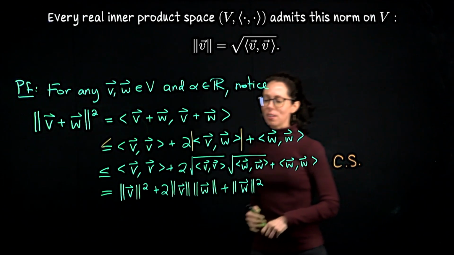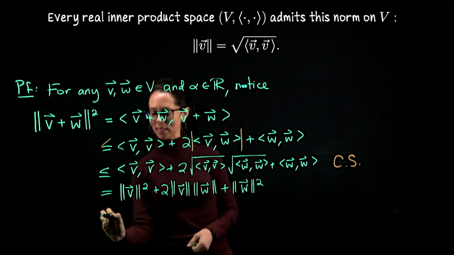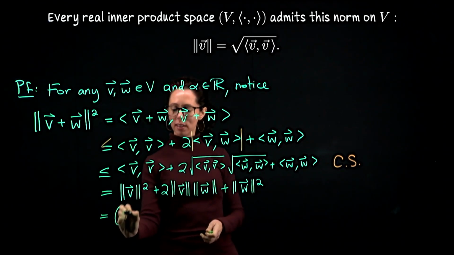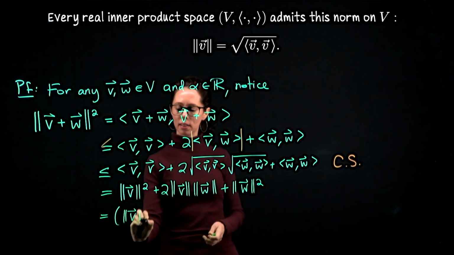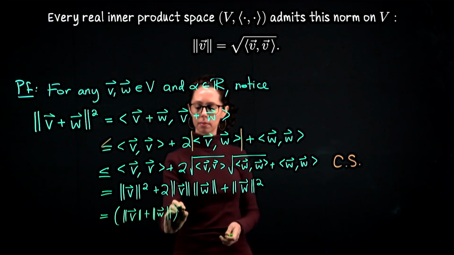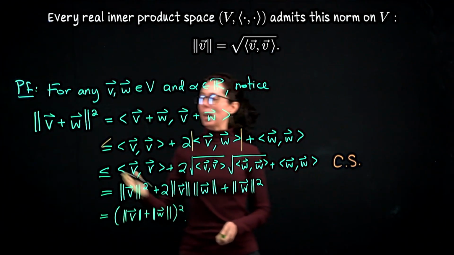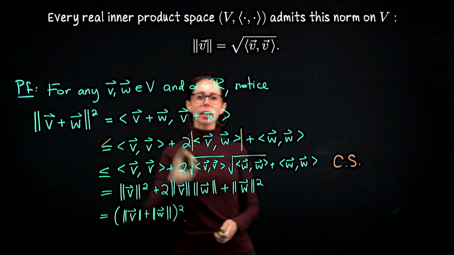Okay, where we left off is a quadratic that factors perfectly. So this right-hand side is now going to be the norm of v plus the norm of w, this quantity squared. Starting at the beginning, we have the left-hand side of the triangle inequality squared.